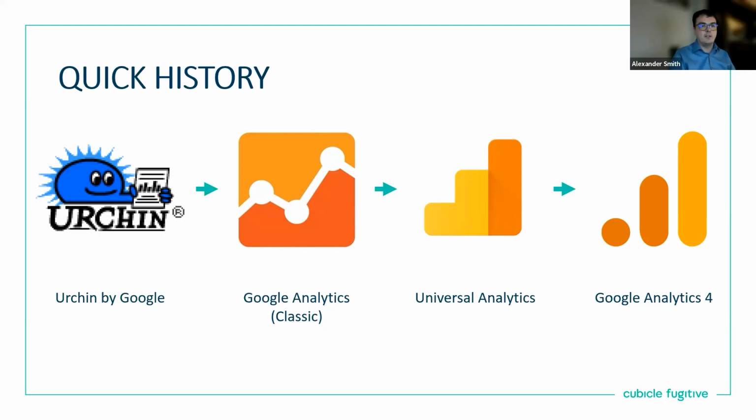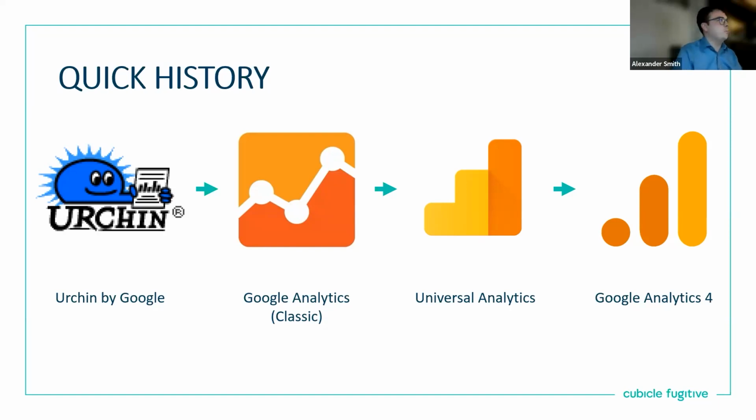Since then, mobile device use and app use have become more prominent, and a number of new privacy laws have been introduced in many jurisdictions around the world. Google saw a need to upgrade the technology of its analytics to respond to these changes in the market, especially the privacy one for regulatory reasons. And those are the key reasons why they've now introduced Google Analytics 4 as the new interface.